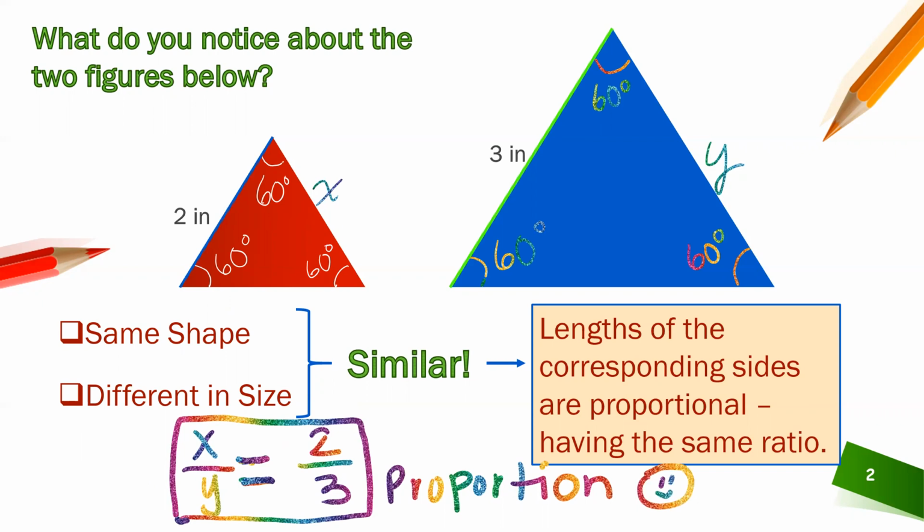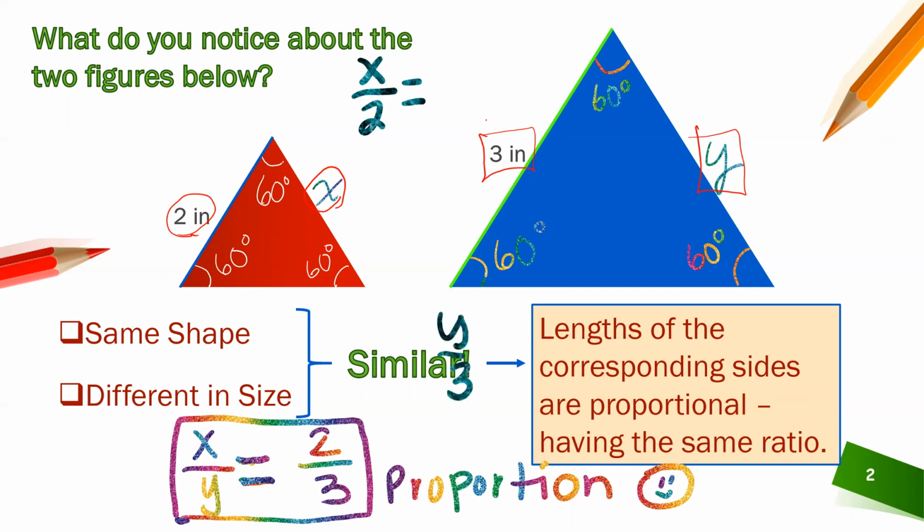Is that the only proportion you can write? No, as long as you keep the sides corresponding to one another. For example, if I write X is to 2, then over on the blue triangle, the corresponding side would be Y is to 3.